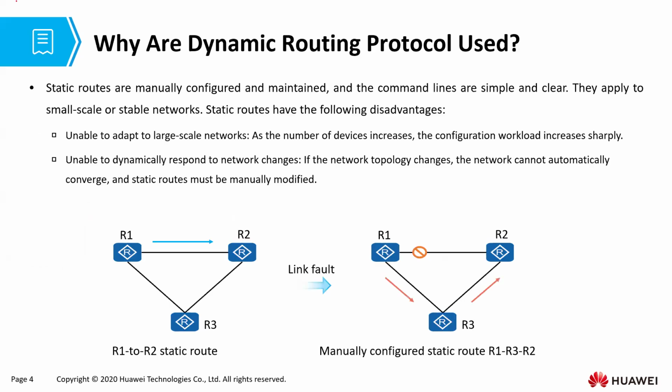Why dynamic routing protocols? I've already touched on this one. The reason why is static routes are very difficult to scale. I think that's one of the main reasons why we have dynamic protocols.